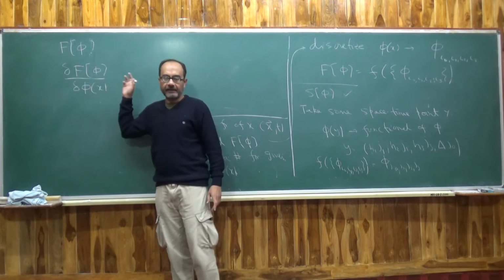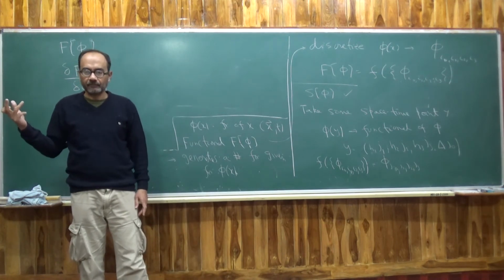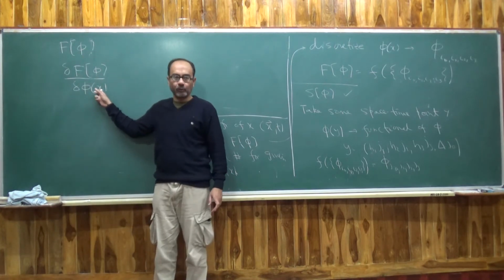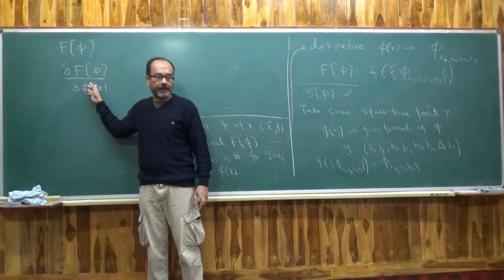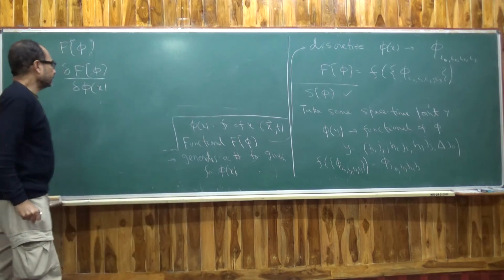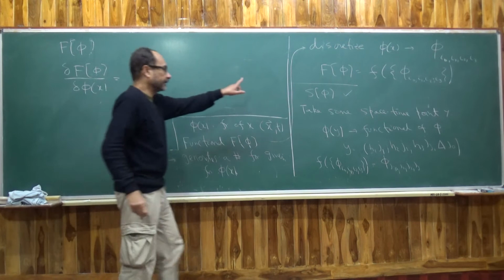So it's a function of x and a functional of phi. If you want to know this, you have to know two pieces of information: one is what function it is, the second is what the argument is. Is that clear?